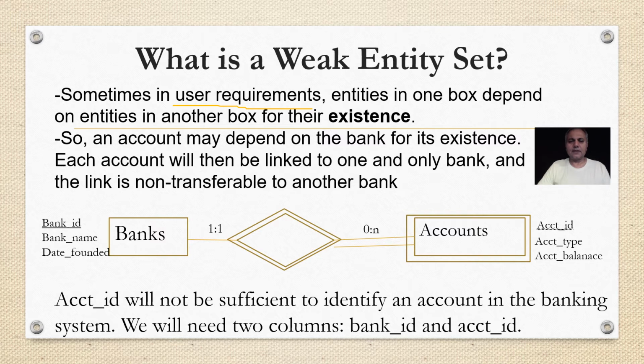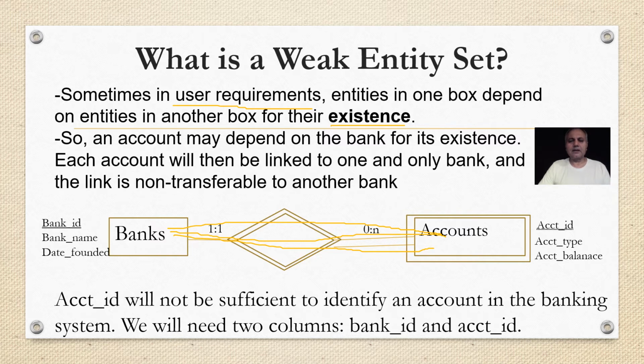Let's say that accounts belong to banks, and if a bank dies, in other words, it's removed from the box, then all the accounts that are linked to that one bank have to also be deleted. This is what we call an existence link. In this case, the accounts cannot be transferred to a different bank. They have to only stay with that bank.